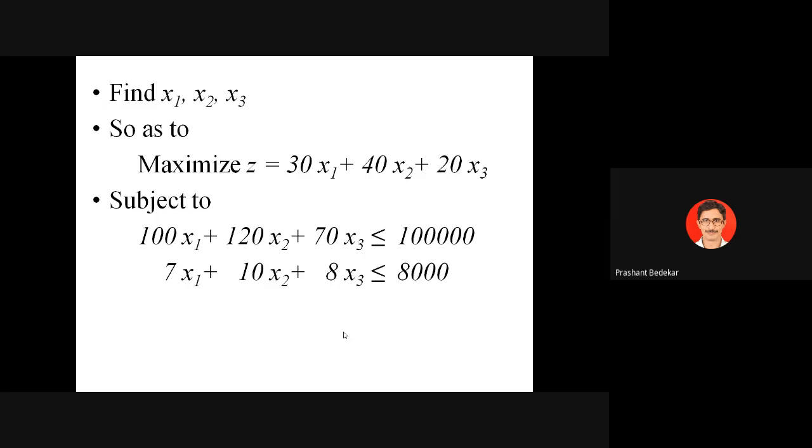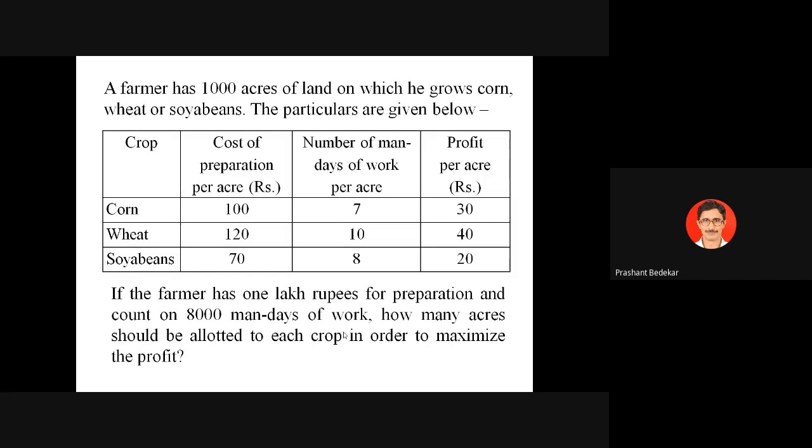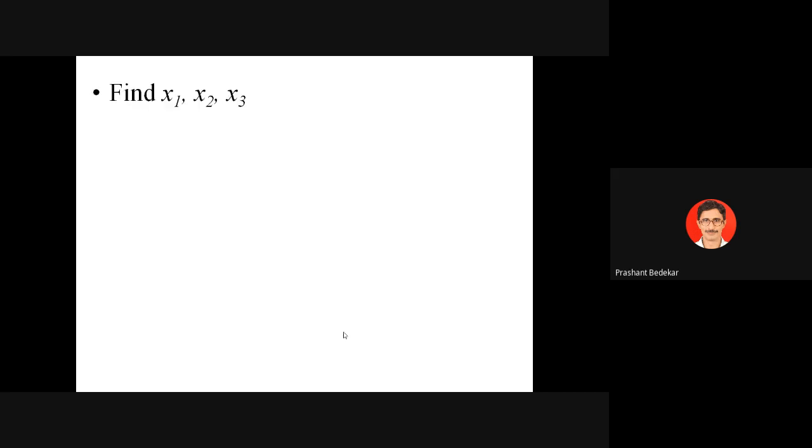Less than equal to क्यों रखा है? See, while formulating the problem, there are few things which we should take carefully. The problem says that the farmer has 1 lakh rupees for preparation. So one can think that the constraint should be 100x1 plus 120x2 plus 70x3 is equal to 1 lakh.